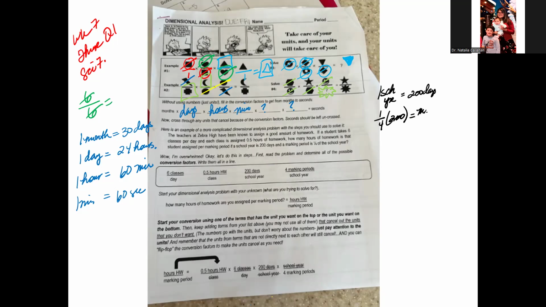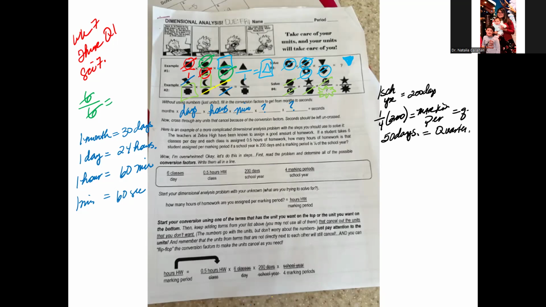They call it a marking period, but it's really like a quarter, right? So if you take 200 divided by 4, what do you get? 50. So every 50 days equals 1/4, right?